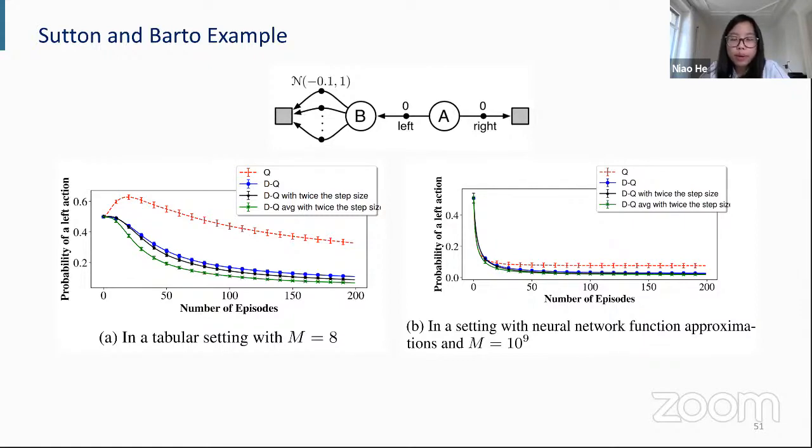I think that would be very interesting future work. And in terms of using entropy regularization, I will also talk about this in the next part. We'll be discussing more about the role of entropy regularization and softmax learning type of algorithms.